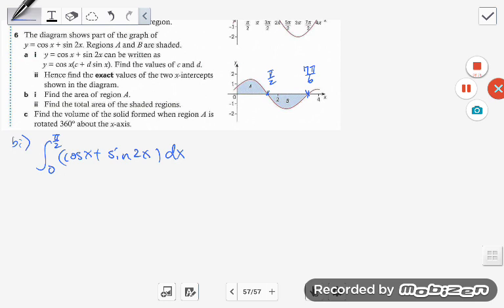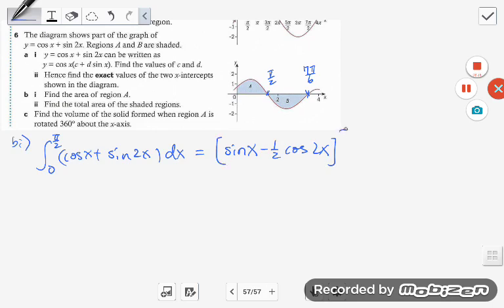So this is going to be a positive value. If I integrate cosine x, I get sine x. If I integrate sine 2x, I get negative cosine 2x, and the 2 is going to be a byproduct, so minus half.